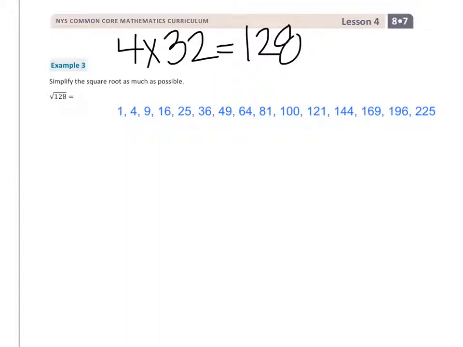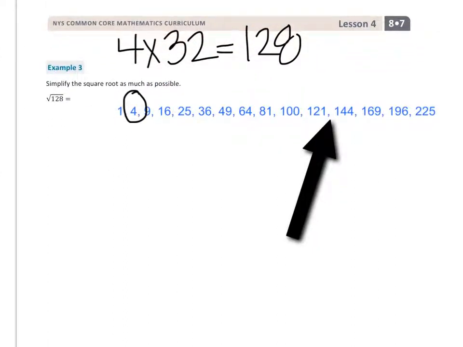So instead of taking the largest perfect square this time, I'm going to pick one that I know automatically works because I'm lazy and I don't feel like going through all the numbers from 121 and lower. So I'm going to break apart the square root of 128, sorry about that, to be 4 and 32.